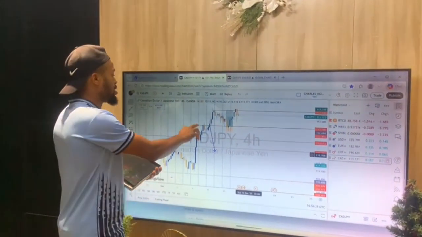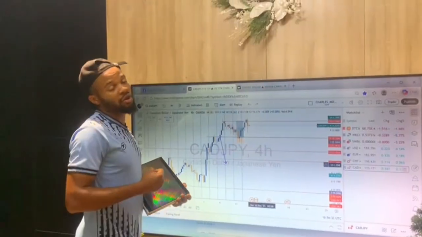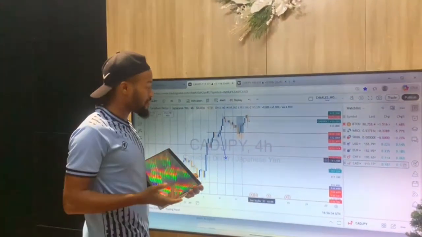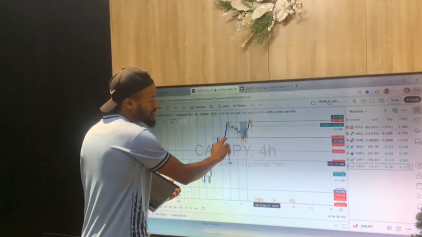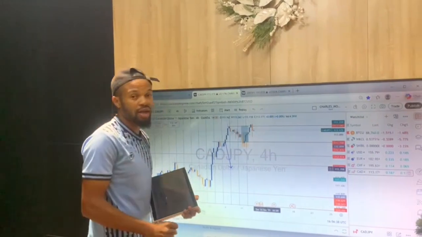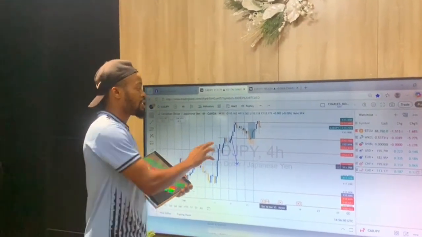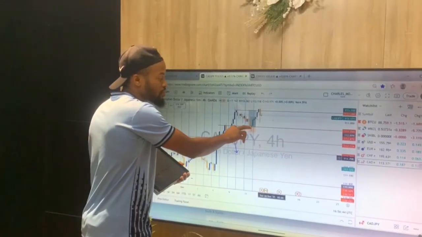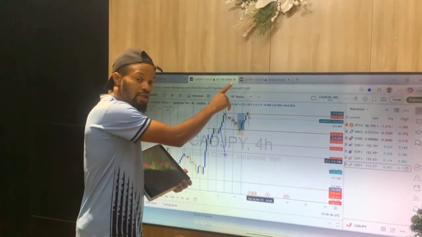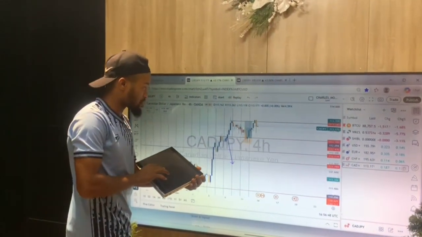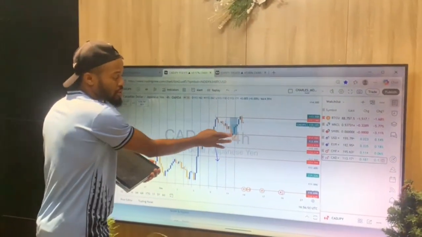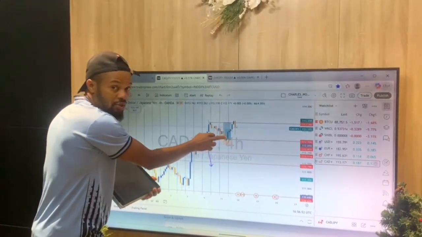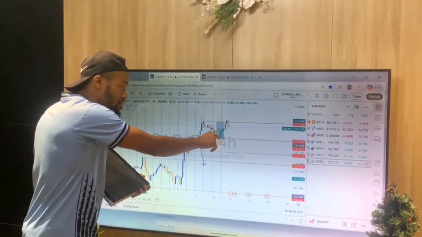If you go to your 4-hour time frame, or maybe your daily time frame, once you mark out the recent low of that particular structure of the market, once the market comes back to that recent horizontal line you marked, there's always a retracement to the upside. You can see it from your screen there. That was how I caught this particular trade. There will always be a retrace to the upside.